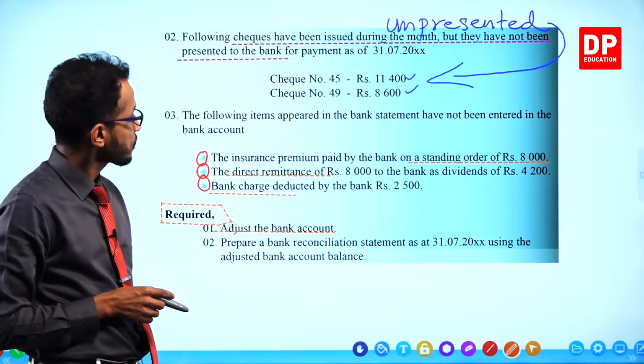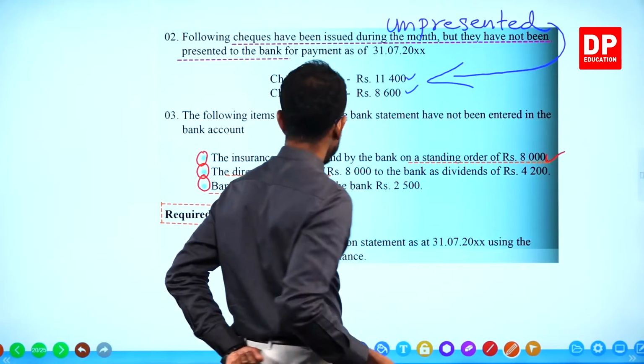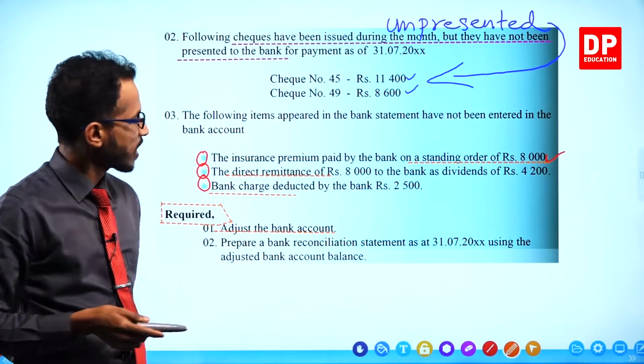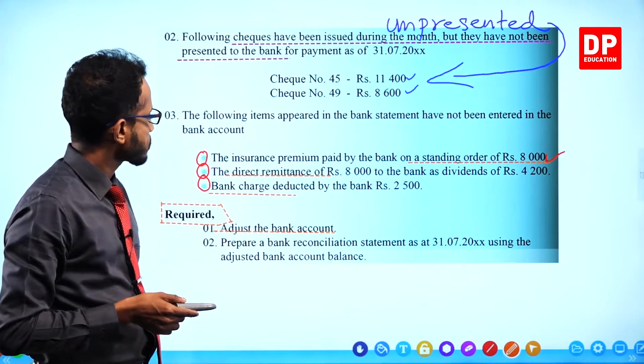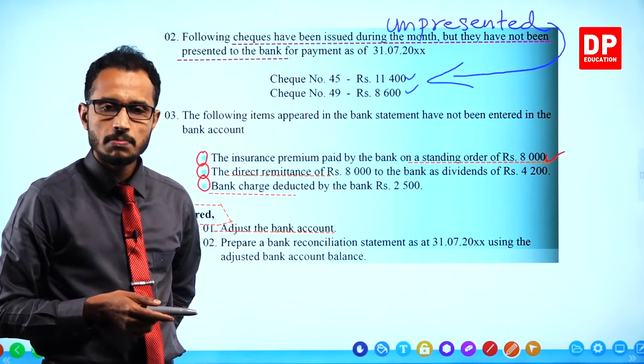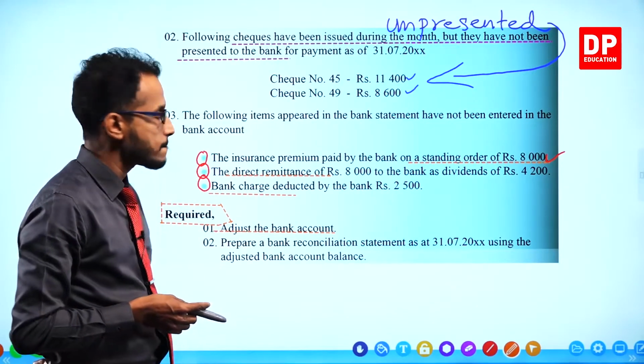First, standing orders. We have a standing order of 8,000. It should be entered in the adjusted bank account.